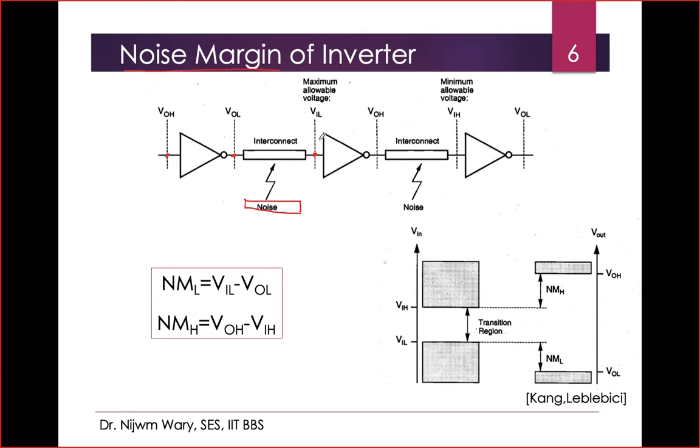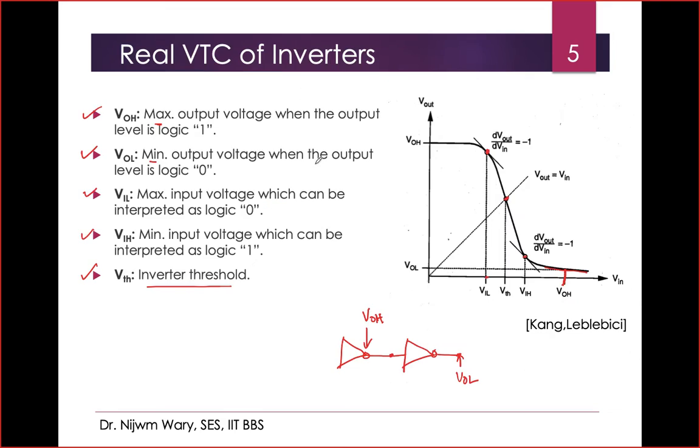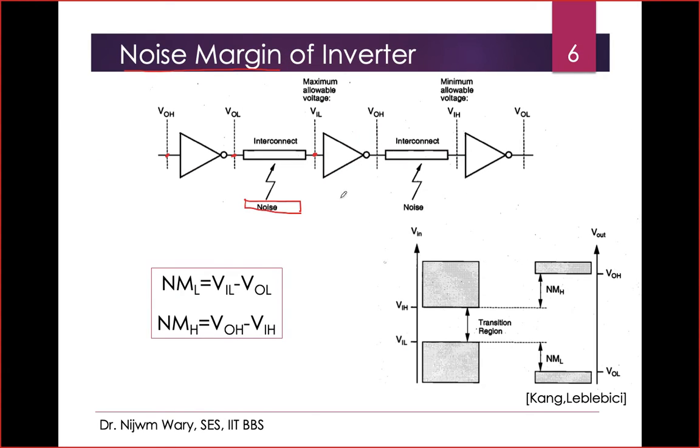If it is higher than VIL, there will be a problem. If it is a logic 0, it should always be lower than VIL. So VIL is the maximum allowable voltage, and I have applied VOL, the lowest voltage.